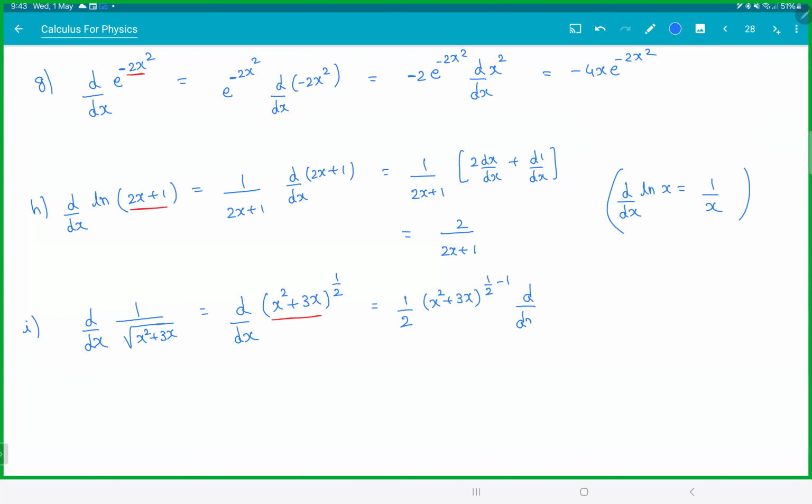Then differentiate whatever is inside, which is x square plus 3x. This is 1 by 2 root of x square plus 3x, and that differential will be 2x plus 3. So 2x plus 3 by 2 root over x square plus 3x. Check.